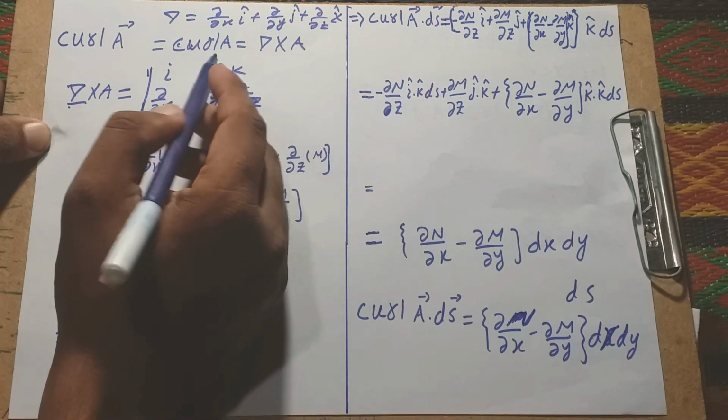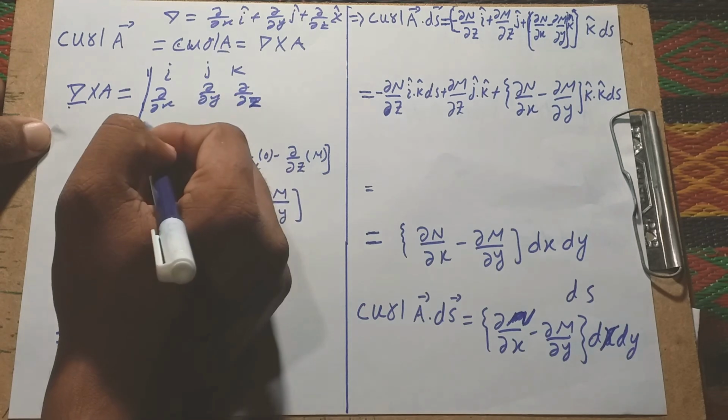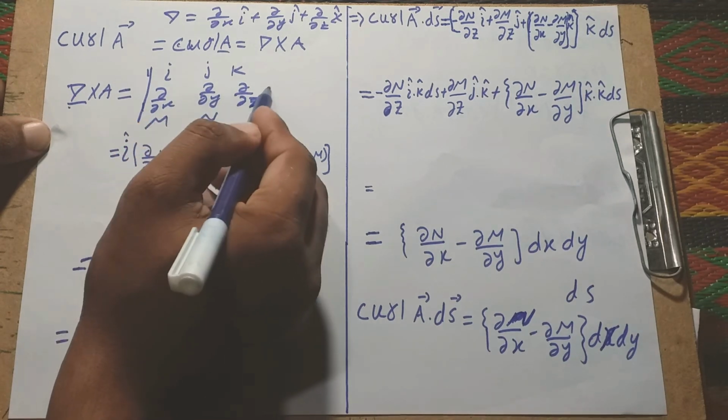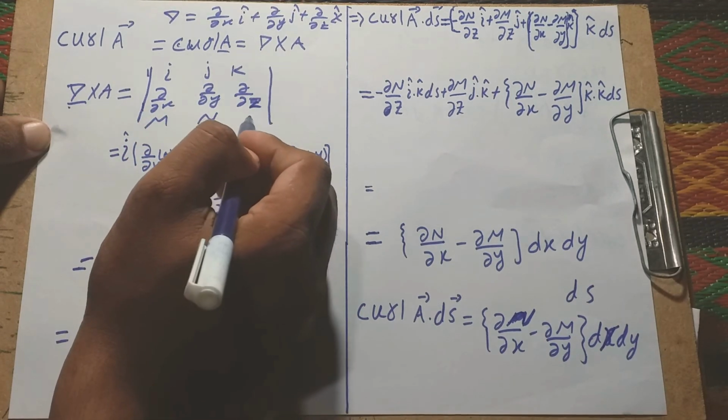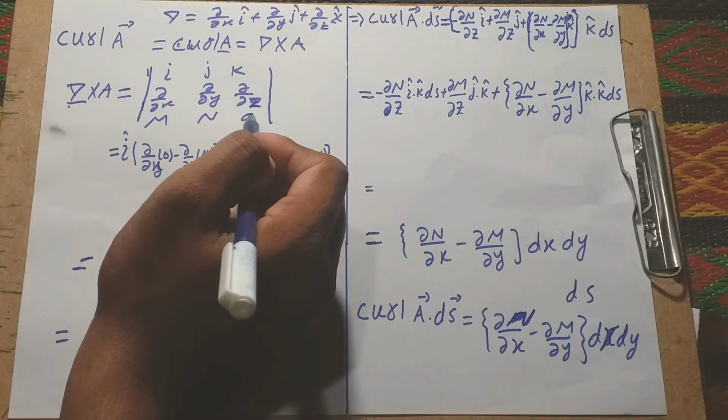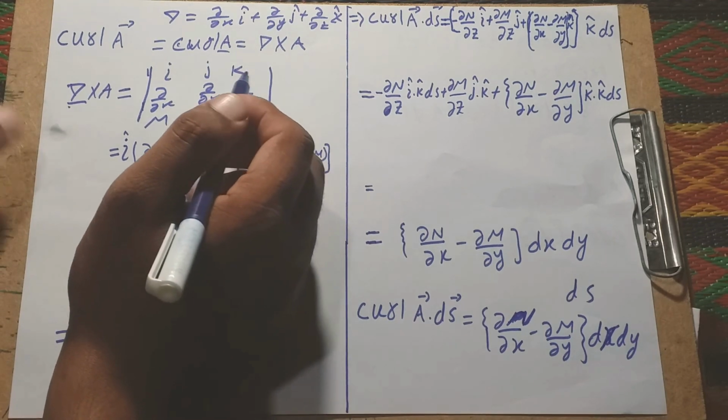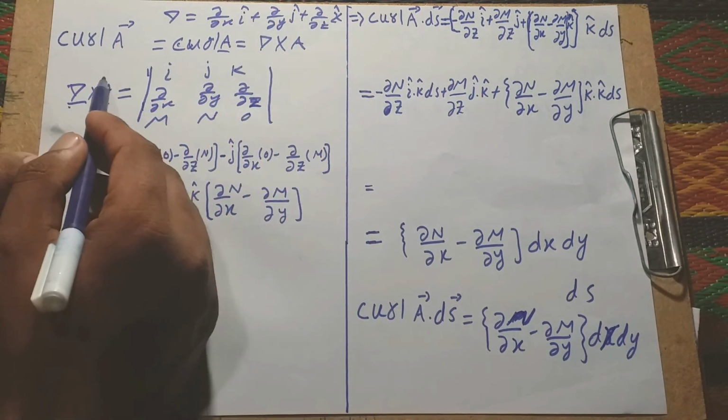We know the components of A are M and N, and the third is 0, only two components of vector A.